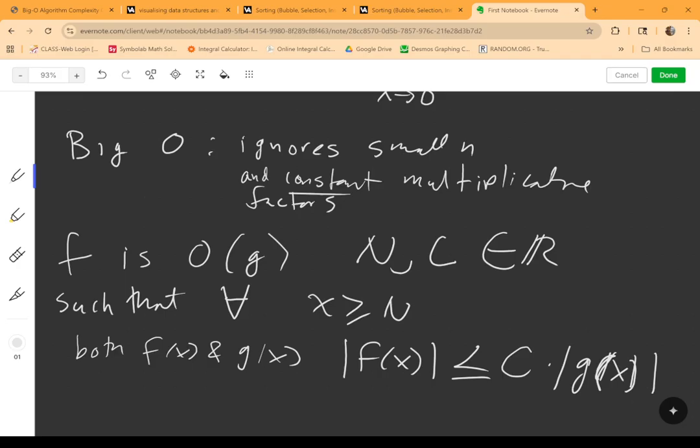So we can think of O as the less than or equal to for growth rates, right? f is big O of g means f's growth rate is at most g's.